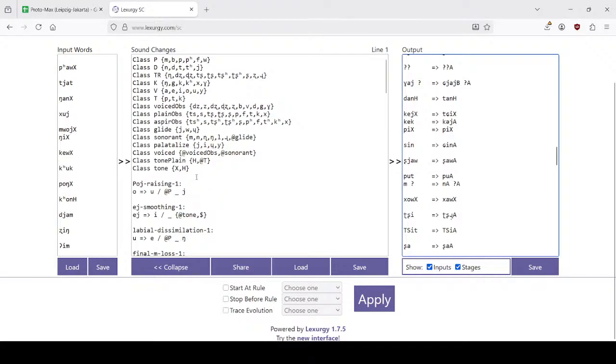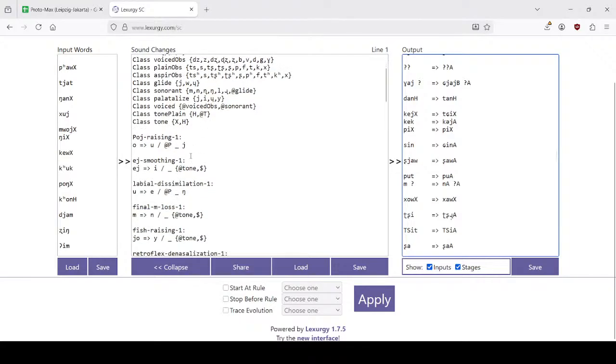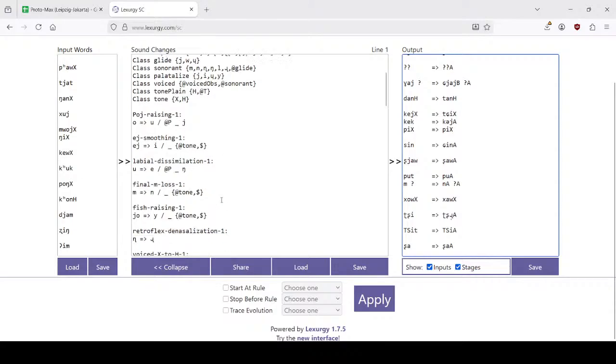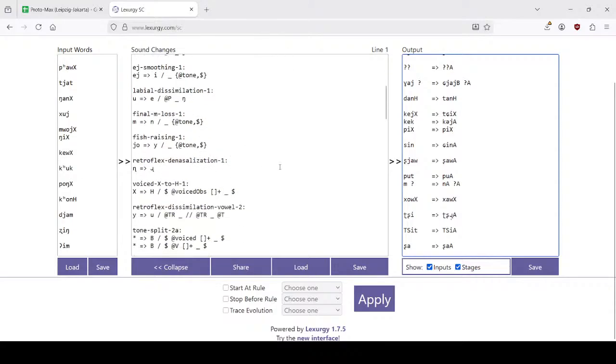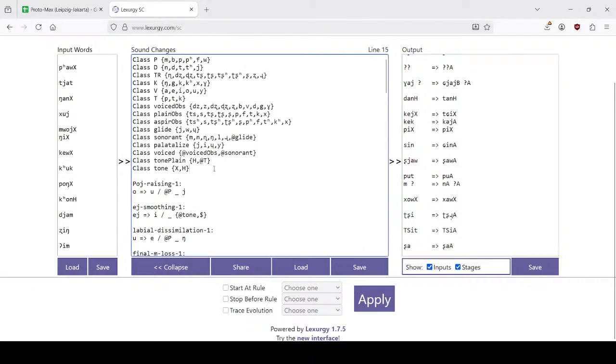So okay, we have boy raising, and then labial dissimilation. Okay, this is still one. This is still one. None of this really matters, I guess. Simplification one.